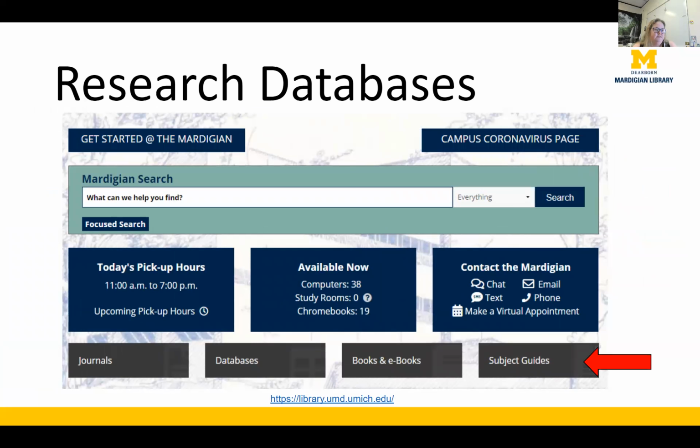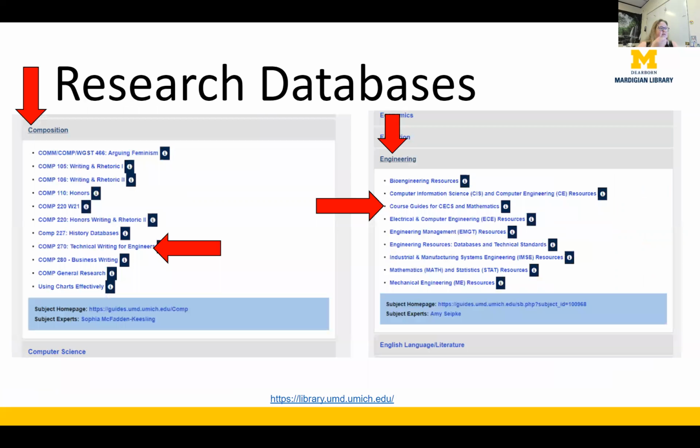So instead of going to databases, I'm going to show you how to go through subject guides and get a targeted set of databases specific to your exact needs. So we're going to get to our subject guide for this class. There are 2 different ways to get there.